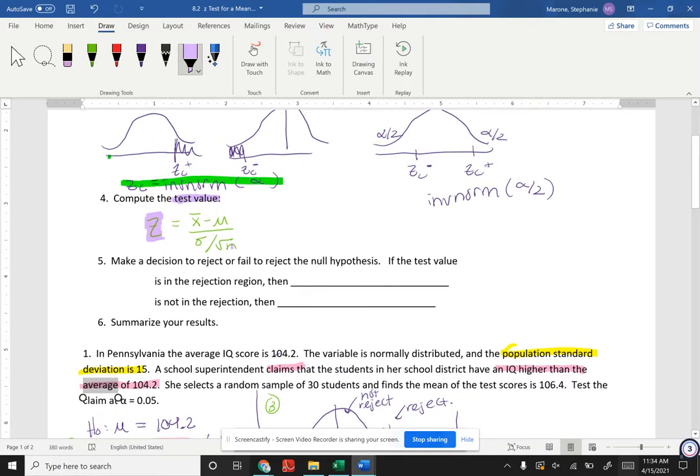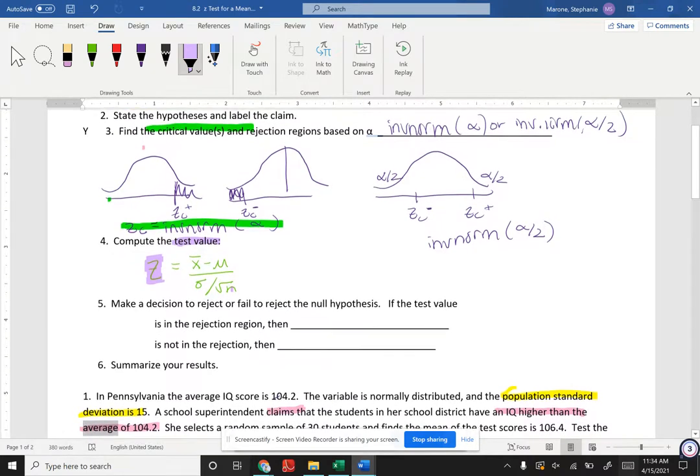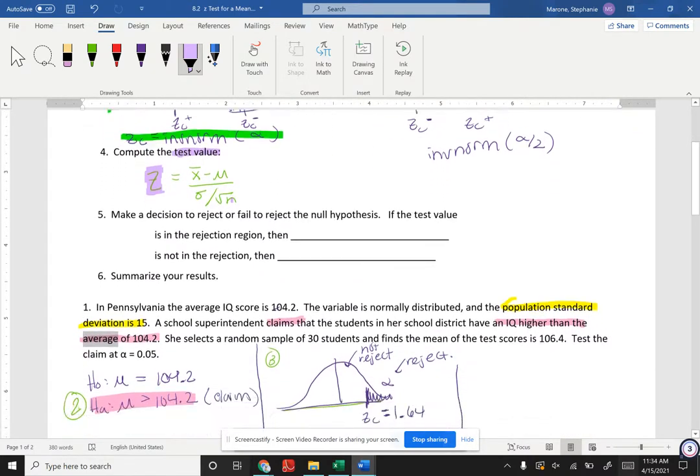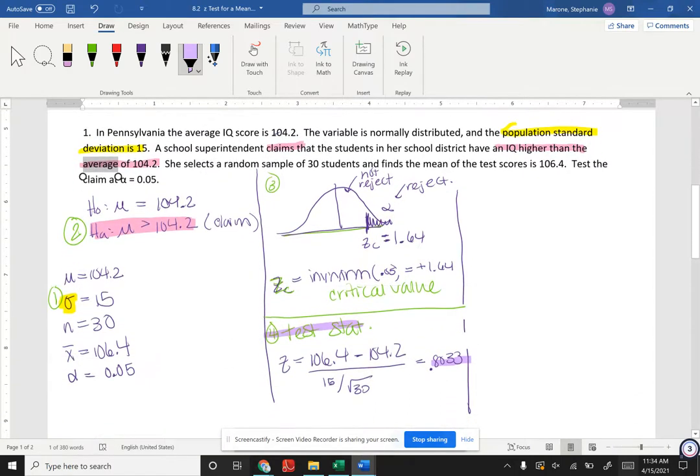Going back up to here, critical values, inverse norm. Test statistic or test value, we use that formula. And then we see where that falls. 0.8033 falls somewhere to the right of 0, but to the left of that number.